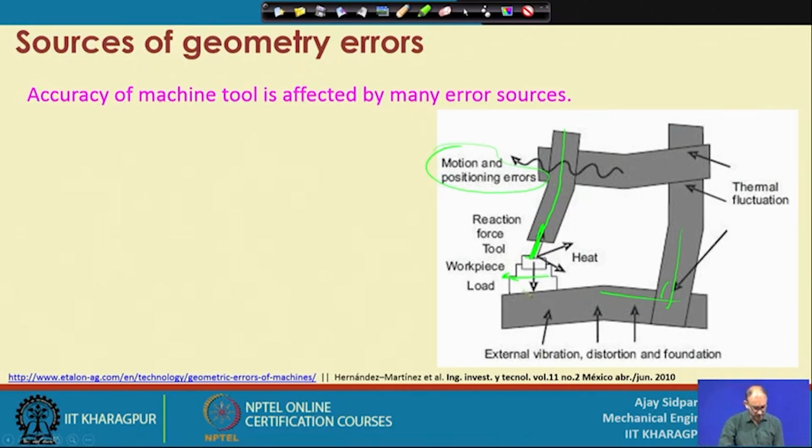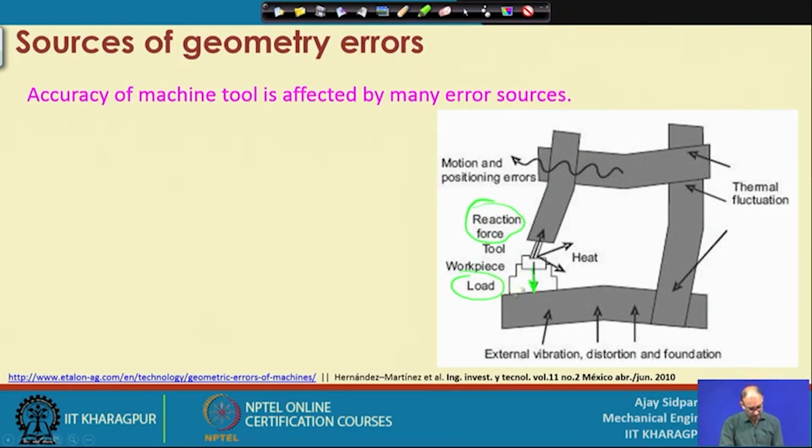Now coming down, once it is in the workpiece at this location, consider all things are correct, no problem in that, and then you are doing a machining operation. Machining operation also creates reaction forces. There is load because you have mounted a very heavy workpiece on the table, and a heavy vice is fixing the component.